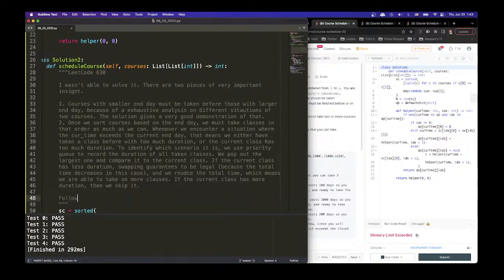So following this greedy approach, we have the following implementation.